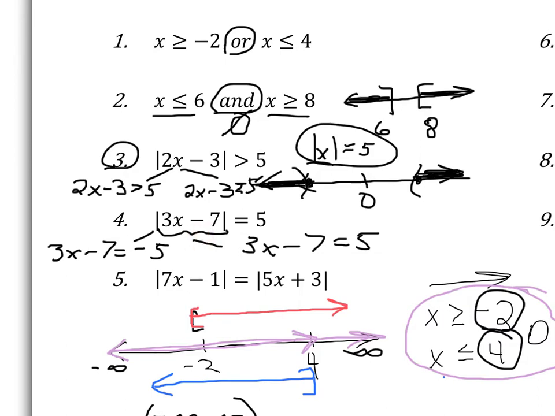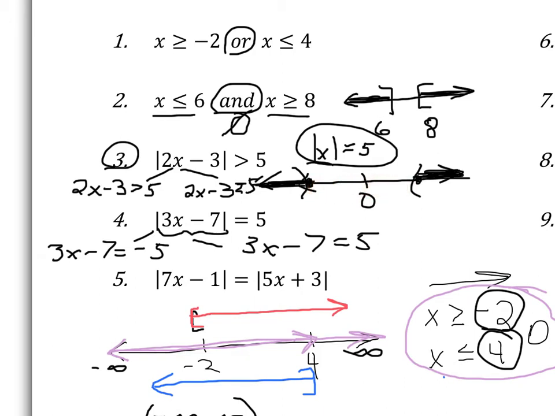So if you have an absolute value greater than something, you're going to have a disjointed graph where you have stuff going to the left and stuff going to the right, but there's no solution in between.